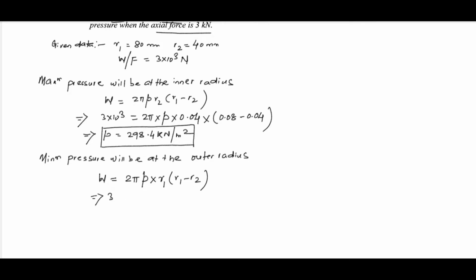So we have 3 into 10 to the power 3 is equal to 2 pi into P into R1 is 0.08 into 0.08 minus 0.04. Okay. So if you solve this, you will find this minimum intensity of pressure is 149.2 kilonewton per meter square.